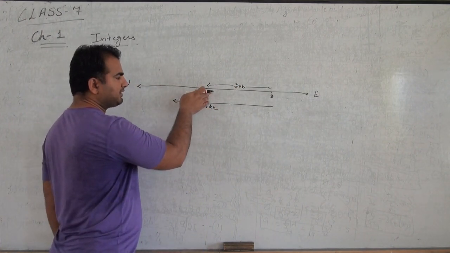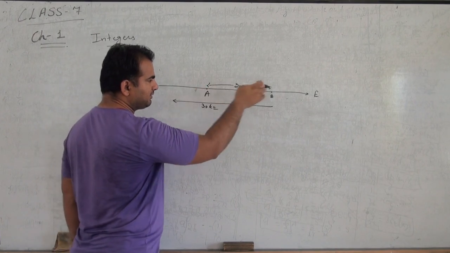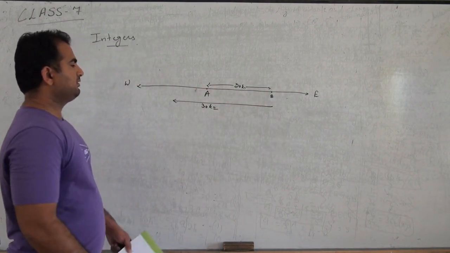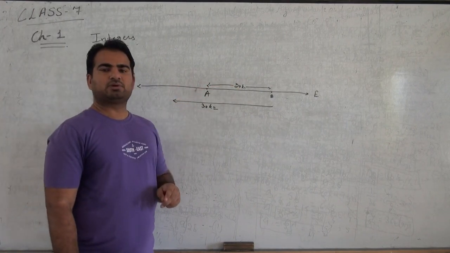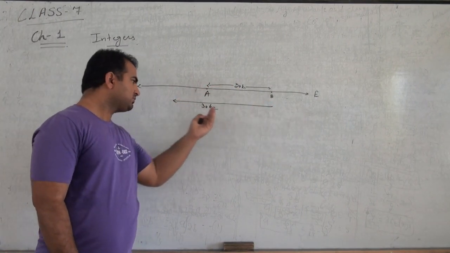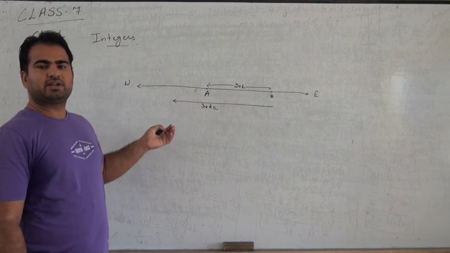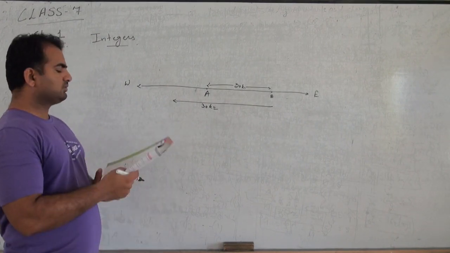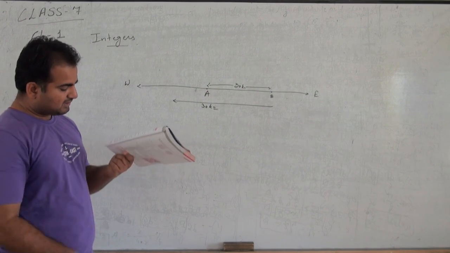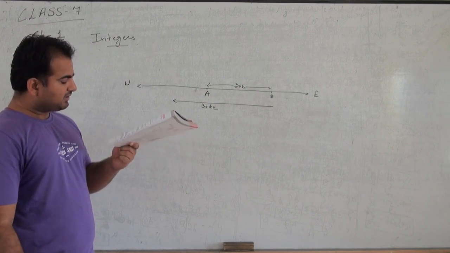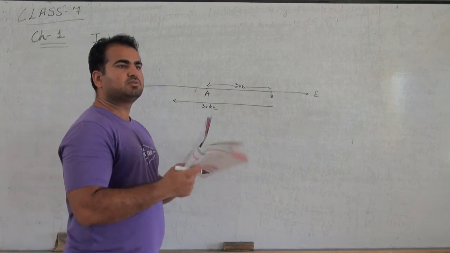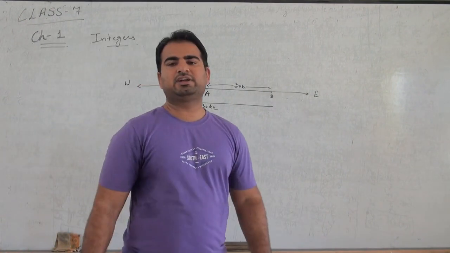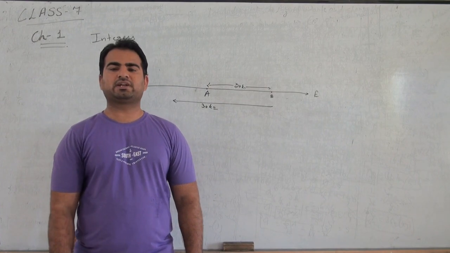If we come from east to west, it will be taken as negative. So the question is asking by which integer you will represent her final position from A. It will be a positive integer or a negative integer.